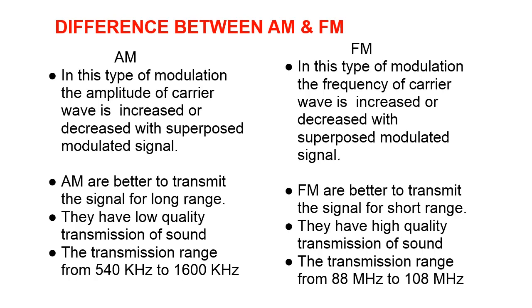While if we listen to FM 105, 101, 102, the quality is very high. We can hear the sound with great quality. Last difference: the transmission range of AM is from 540 kilohertz to 1600 kilohertz, while the transmission range of FM starts from 88 megahertz to 108 megahertz.